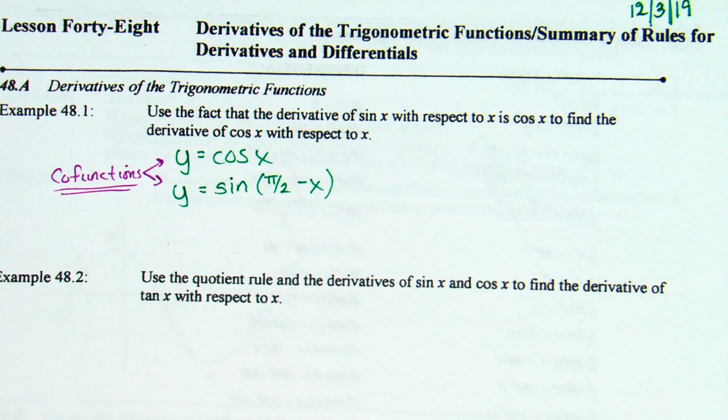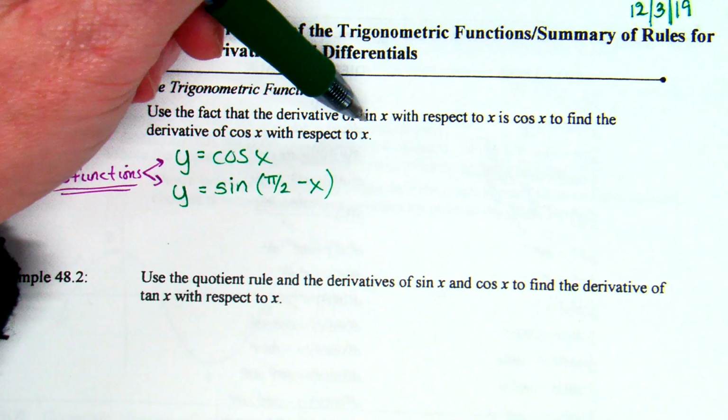Let's take the derivative of this. We know the derivative of sine is cosine.